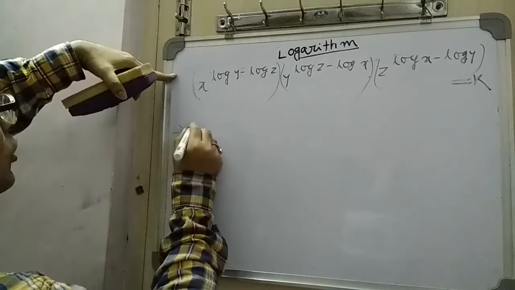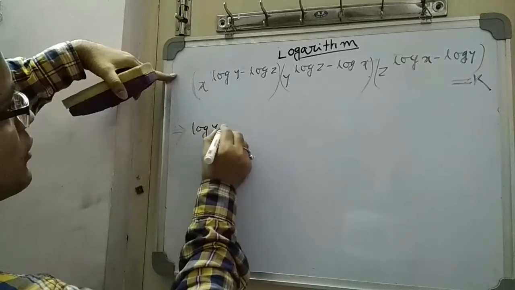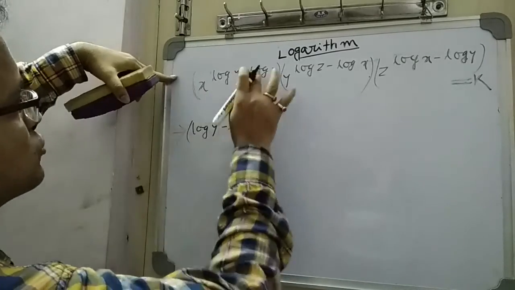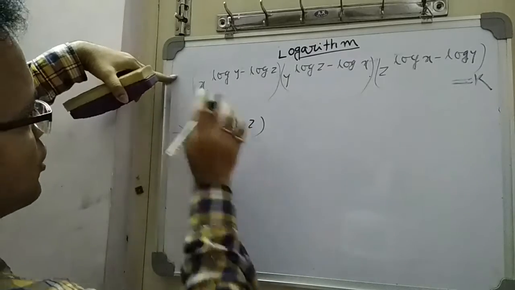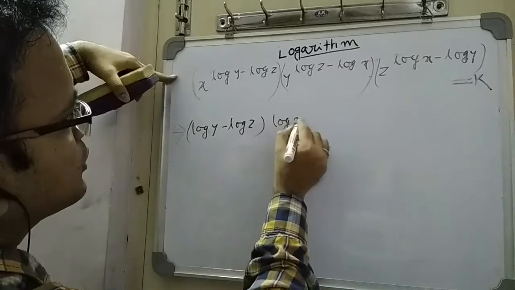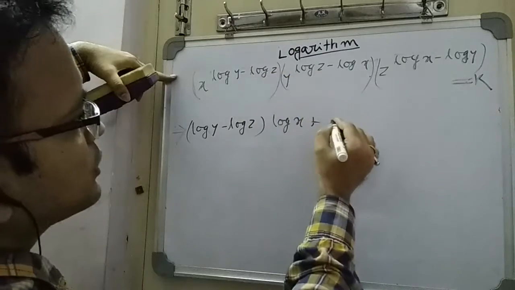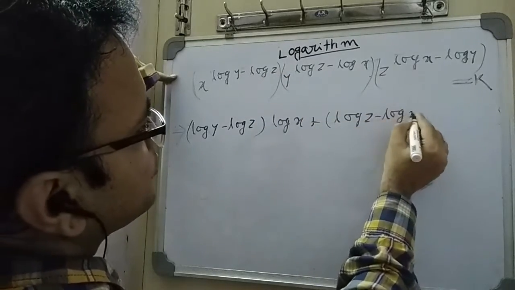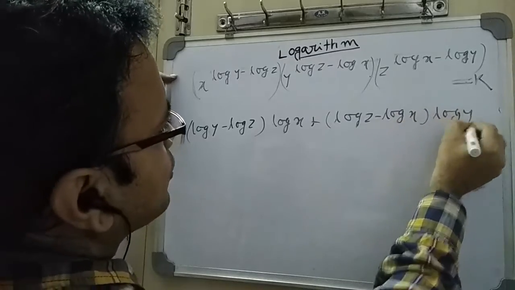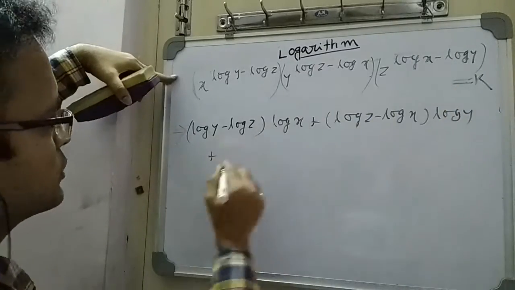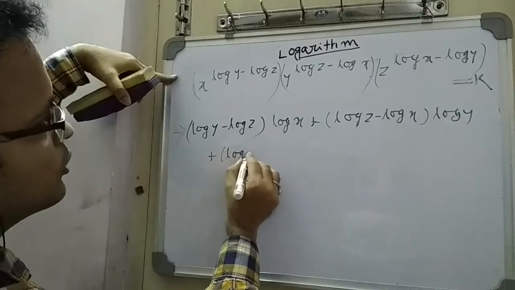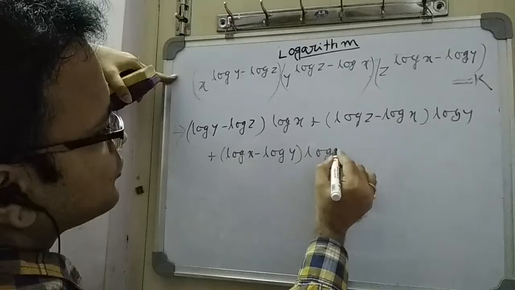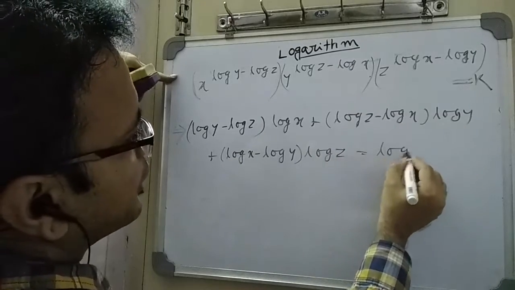Power comes to the beginning: x to the power this, I took log, so log x is remaining, plus, here it becomes plus, again power comes to the beginning, log y, plus again power comes to the beginning, log z equal to log k.